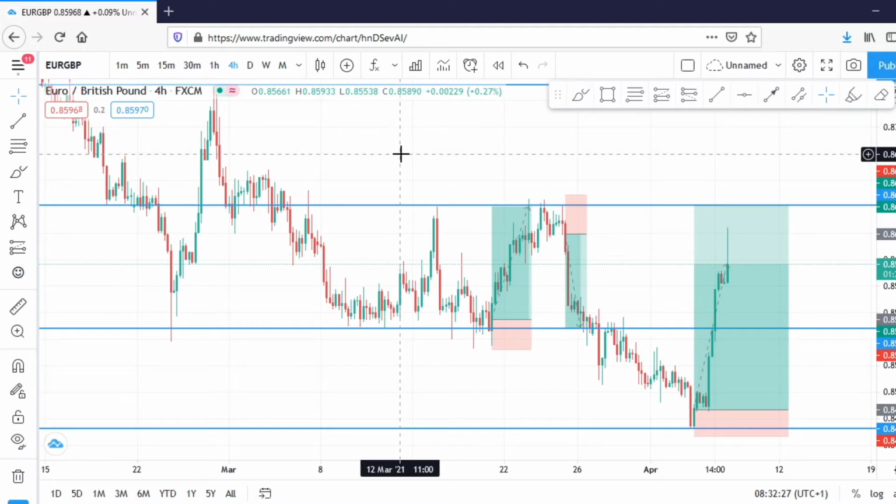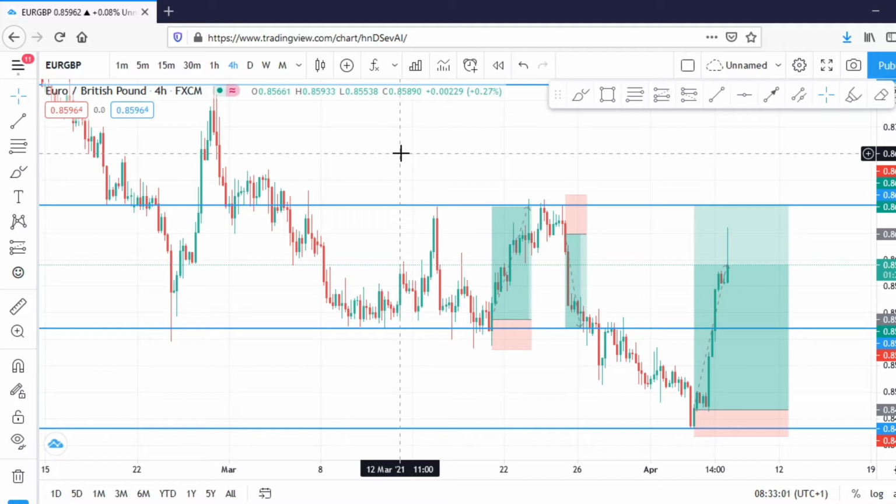Support and resistance is one of the simplest strategies in forex trading, and I have been using this strategy for a while now, and I've back tested it several times, and it's giving me about 88 to 90% win rate. So it's been a very good strategy, and using it, I've also been able to get a very good risk to reward ratio.